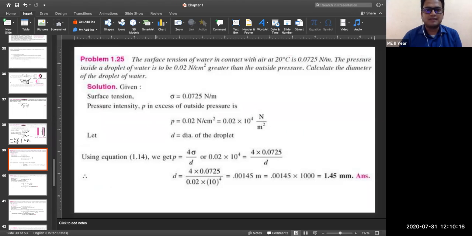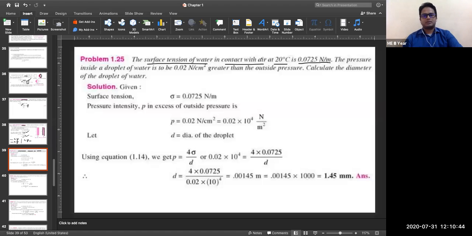Now, the surface tension of water. First, all of you listen to the problem. I will tell you the strategy to solve the numerical, then I will give you time to note down. So don't worry. The surface tension of water in contact with air at 20 degrees Celsius is 0.0725 Newton per meter.